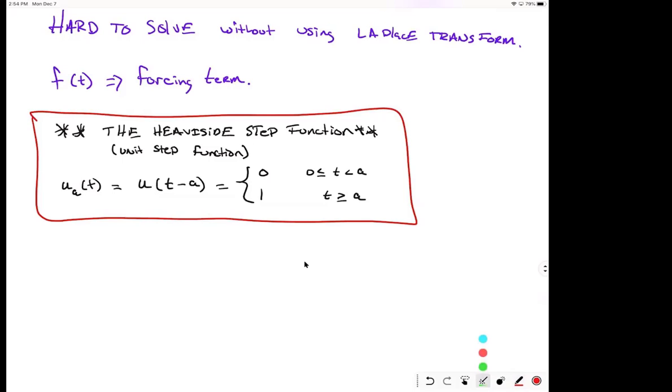And the way I view it is as a switch turning on and off. So I have this sort of electrical engineering view, you would say, about a switch turning on and off.